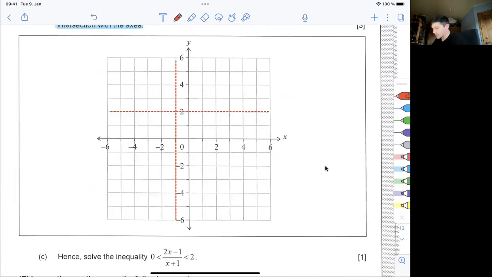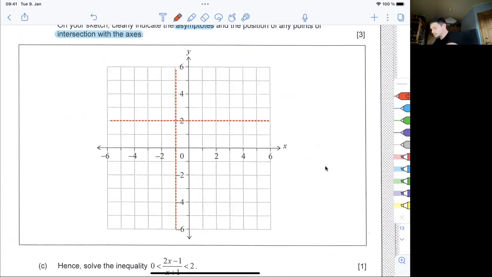Let's mark that on a graph here. So we've got our x-intercept of 1/2, comma 0. And equally the y-intercept, which was 0, comma -1.